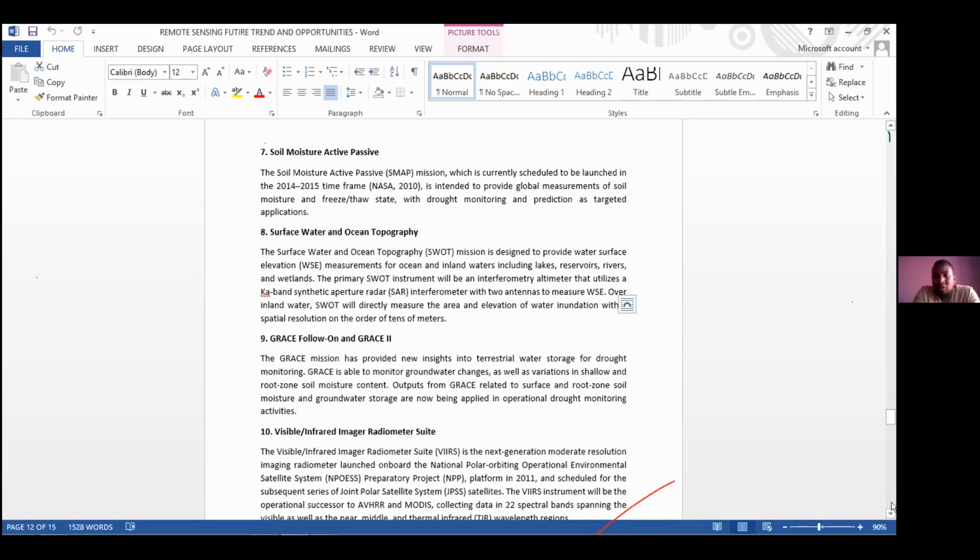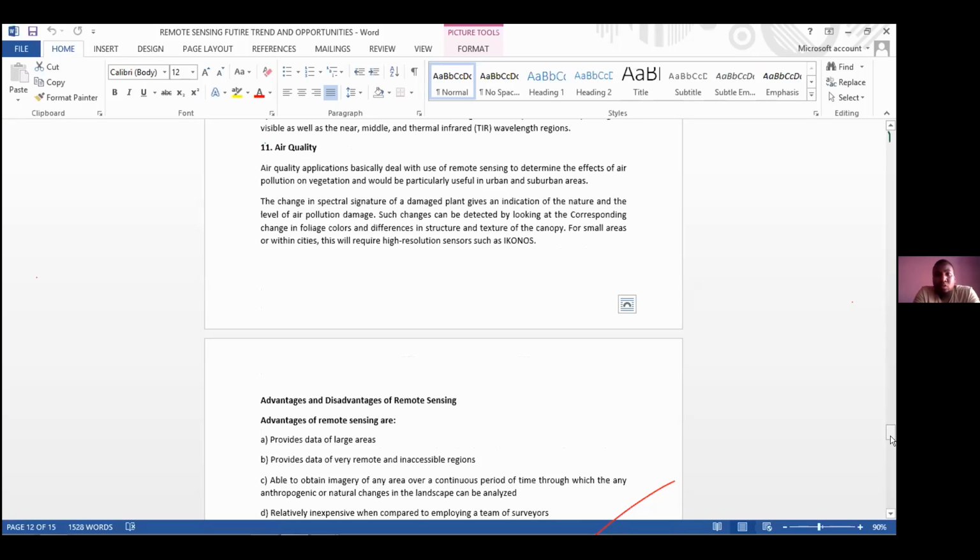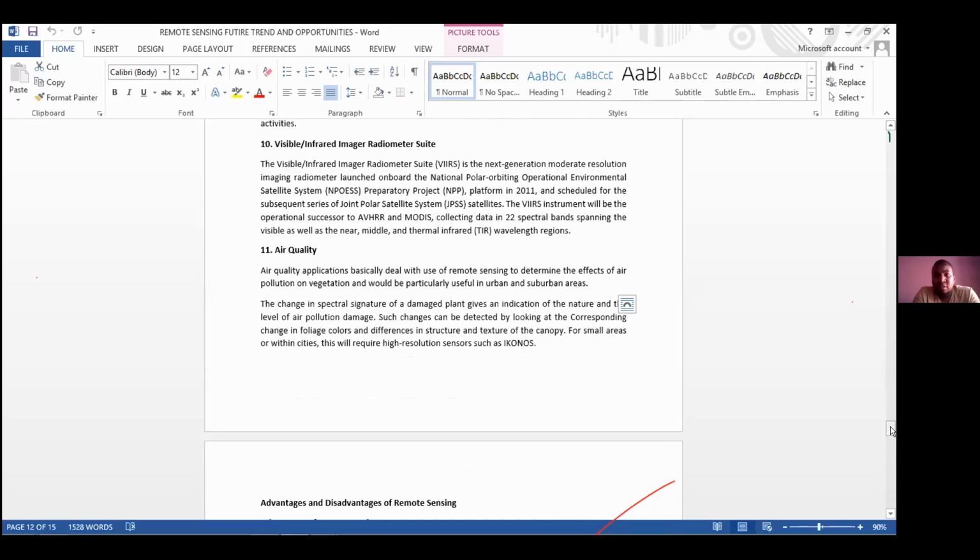The last application that I prepared for today is what we call air quality. We have the air quality and the Visible Infrared Imaging Radiometer Suite. The Visible Infrared Imager is what has been used in the Polar Orbiting Operational Environmental Satellite system.